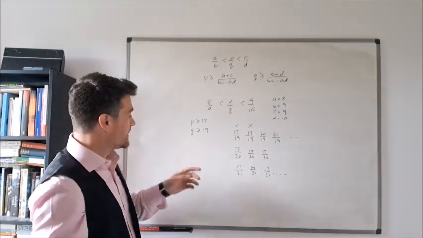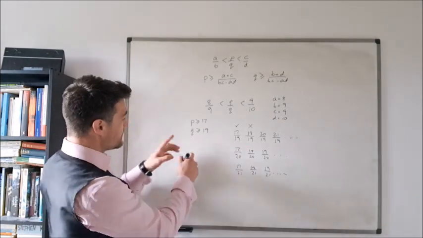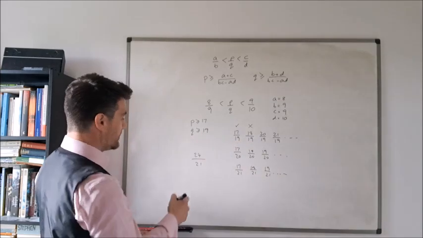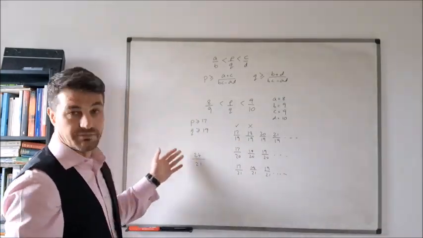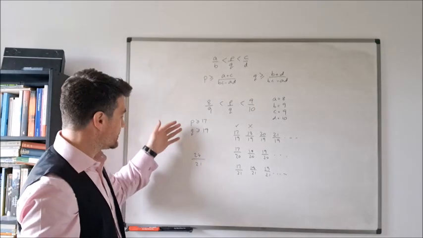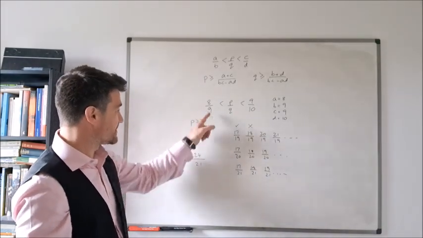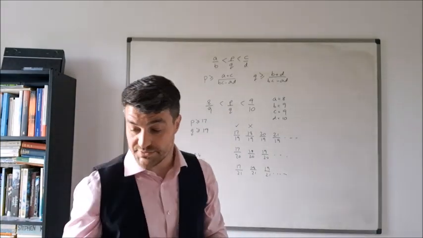Okay, so you've got to recognize that just sticking any two numbers P and Q, so if you went for 24 over 21, for example, both of these satisfy this inequality, but this fraction doesn't satisfy this inequality. Okay, so that's the end of this particular problem.